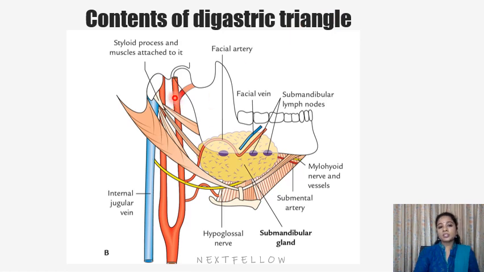The deepest structures, still deeper to the styloid process, are the internal carotid artery, internal jugular vein, and vagus nerve between these two structures. So this completes the contents of digastric triangle. Anteriorly superficial to mylohyoid, middle superficial to hyoglossus, posteriorly superficial to superior constrictor of pharynx, and the posterior most floor is formed by superior constrictor of pharynx.